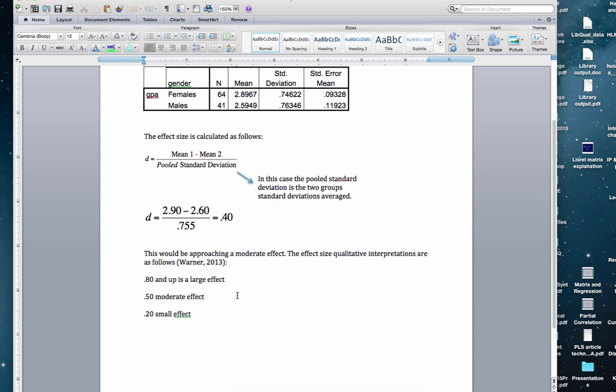That's approaching a moderate effect if you look up the definition of effect sizes and their magnitude in the Warner text. So you want to make sure that you report this as part of your interpretation.